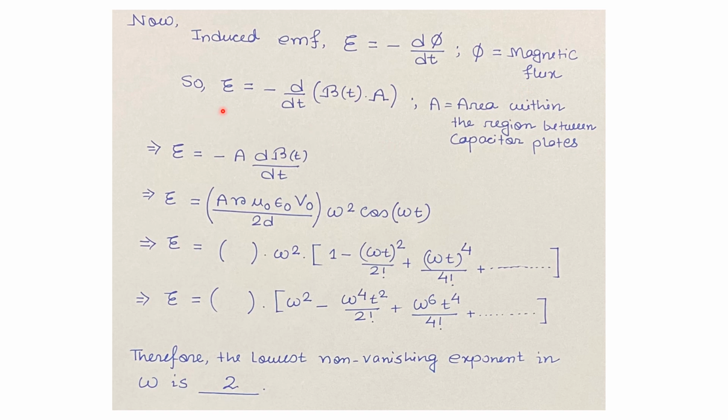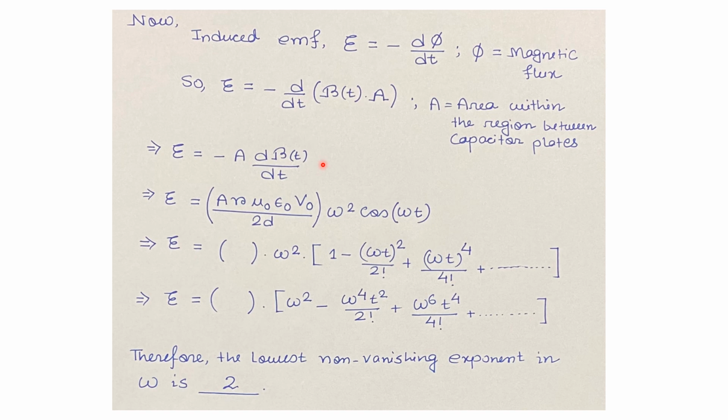So the induced EMF equals minus d/dt of the magnetic flux, which is given by the magnetic field B(t) times the area of the region. A is the area within the region between the capacitor plates here. Now the area is constant, so it can come out of the derivative. So E equals minus A times d/dt of the magnetic field.